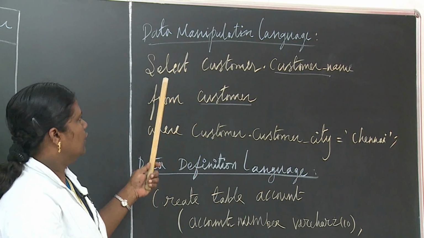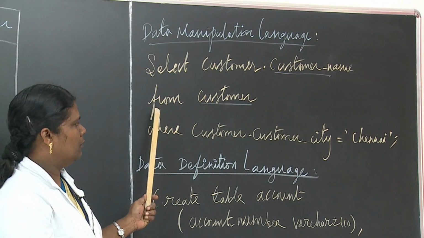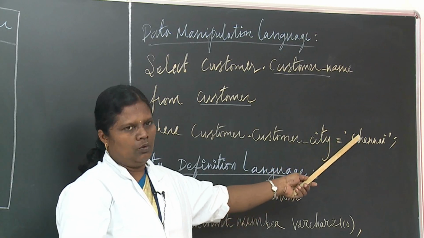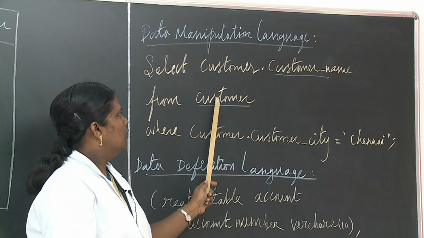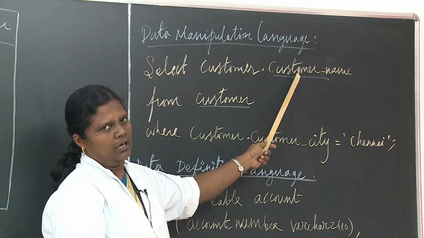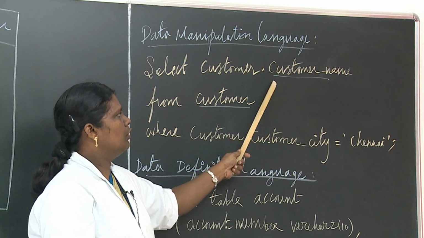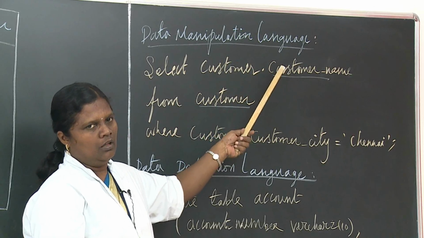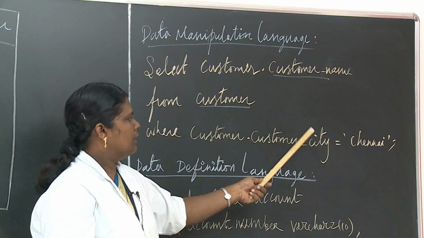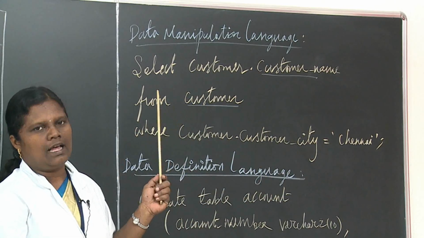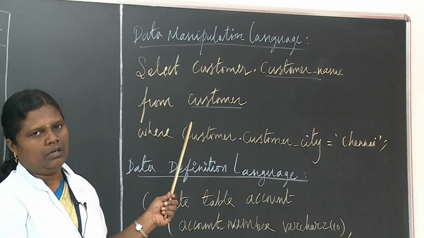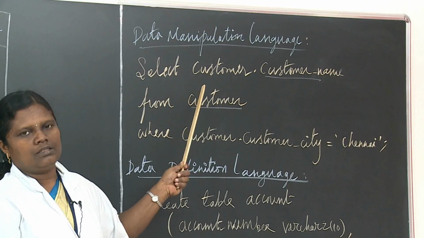It extracts data from the database where the customer city equals Chennai from the relation customer. Among n number of columns, it extracts only the customer name. So this is a very simple example of extracting data from the database, where the relation is customer.